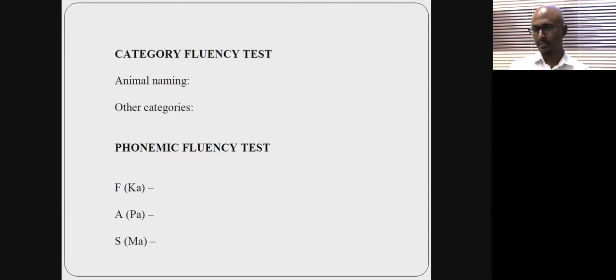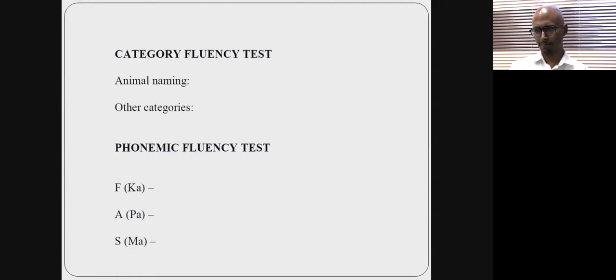This is not only a test of language, it also depends on working memory and your memory searching strategies. It's also a timed test, so you ask the person to name as many animals as possible over a period of 1 minute. A normal person, if they do not have bradykinesia or bradyphrenia, will name about 10 to 12 animals in 1 minute.